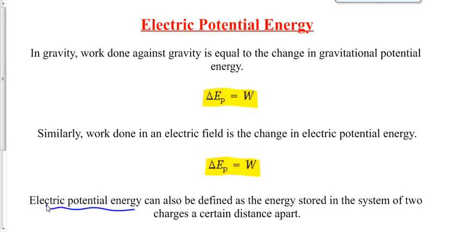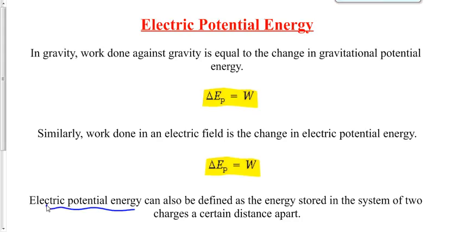Here's a board marker that weighs, I don't know, 100 grams, if that. Here's the Earth that weighs 10 to the 24 kilograms. They're such a different mass, we don't really have to pay attention to the system. We can look at just an object. But the charges are usually much more similar in magnitude that we do have to pay attention to both of them. The energy stored in the system of the charges a certain distance apart. Does that make sense?